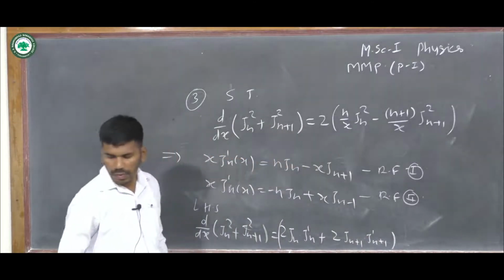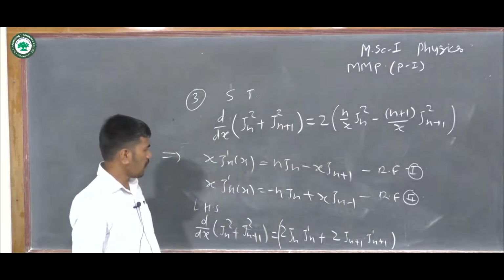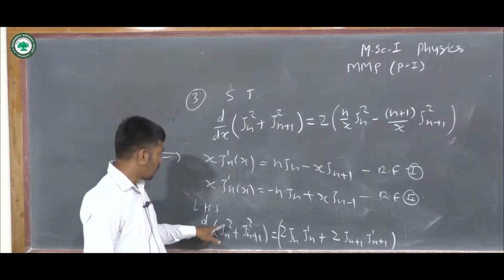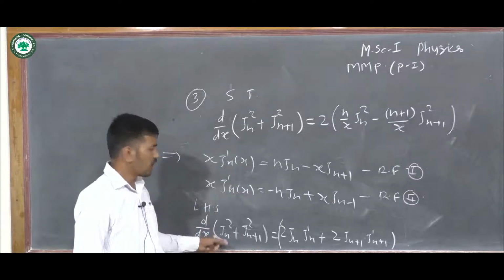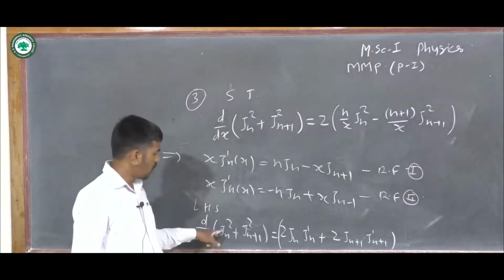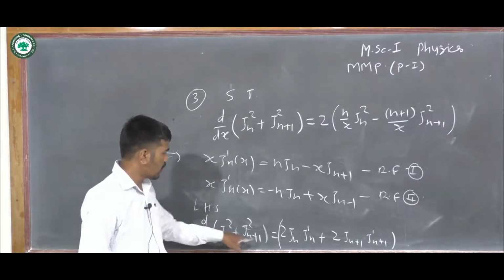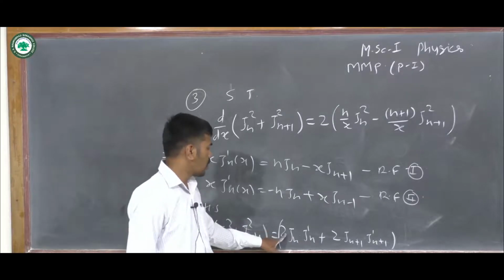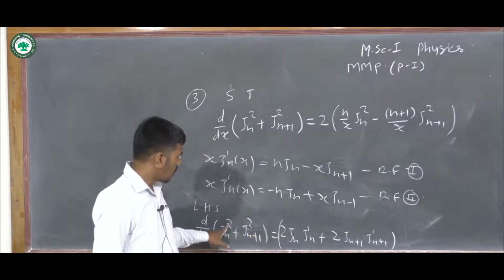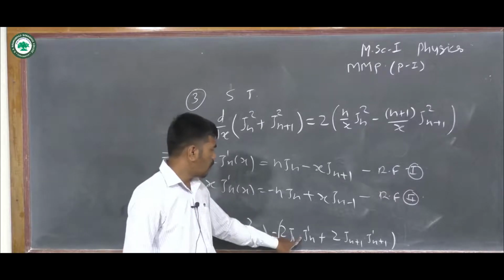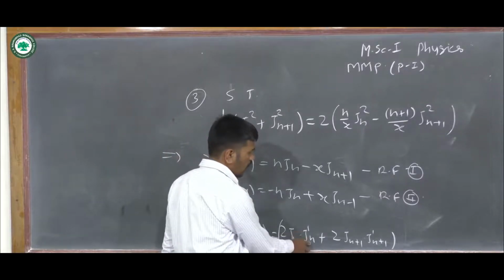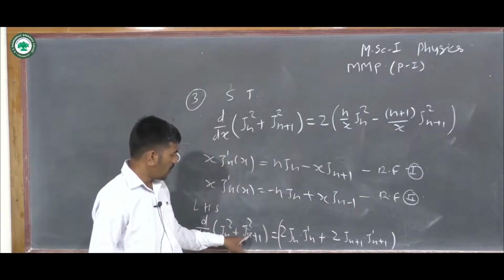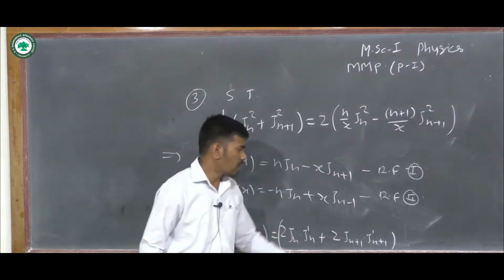We differentiate with respect to x because Jn is a Bessel function, so we can find this expression.